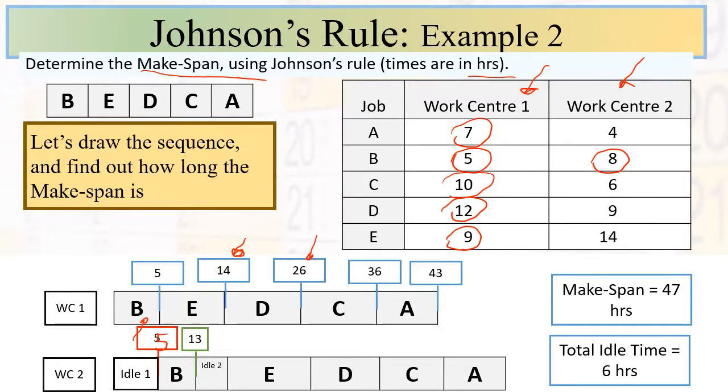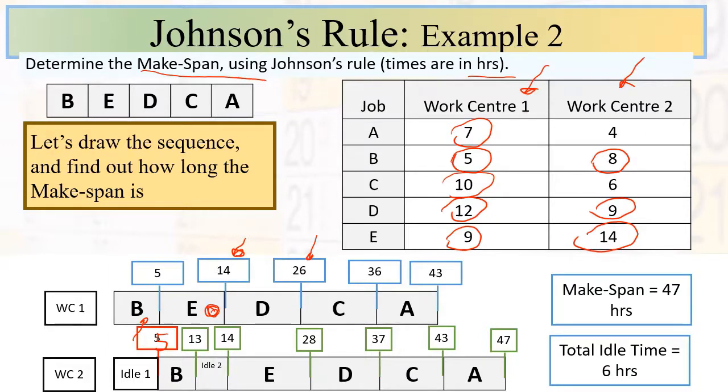Now here we cannot start E at 13, because E is still being processed in work center 1. So we have to wait till 14 for E to be done. Then we start at 14 and E is going to take 14 hours. So 14 plus 14 is 28. Then D is going to take 9. 28 plus 9 is 37.